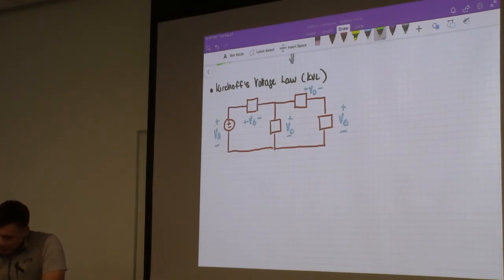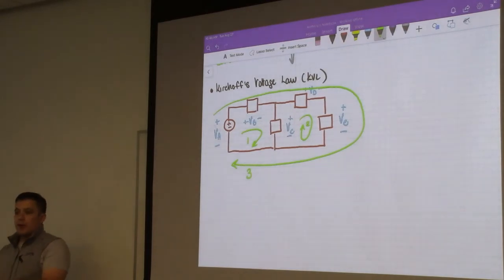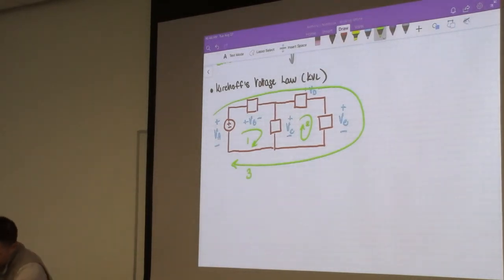There's different loops in here. There's loop 1, there's loop 2, there's a bigger one that goes all the way around it, which is loop 3. And so KVL will apply for all of those loops, any of them.